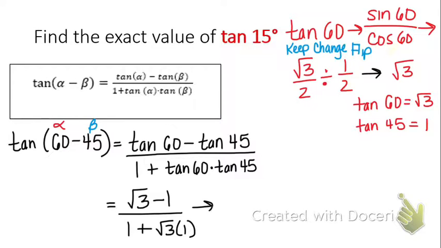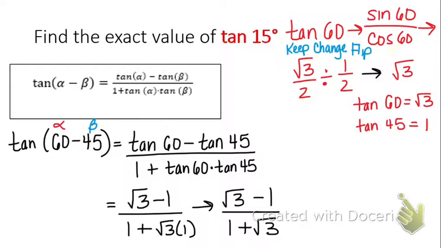So this is going to be very similar to what we had in our last example. So the tangent of 45 is positive because in quadrant 1, everything is positive.